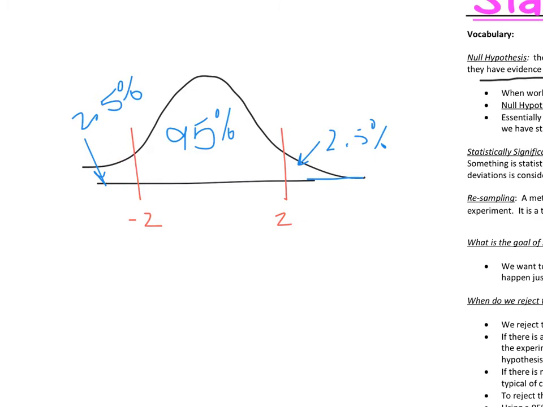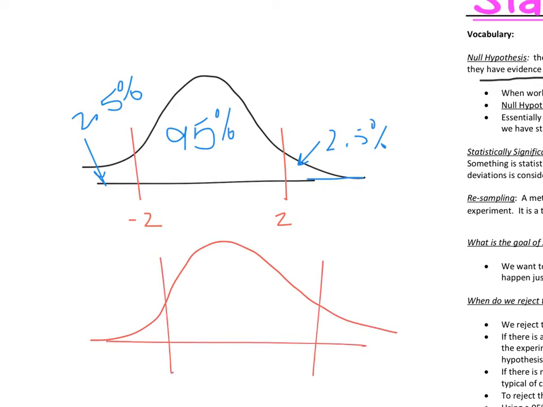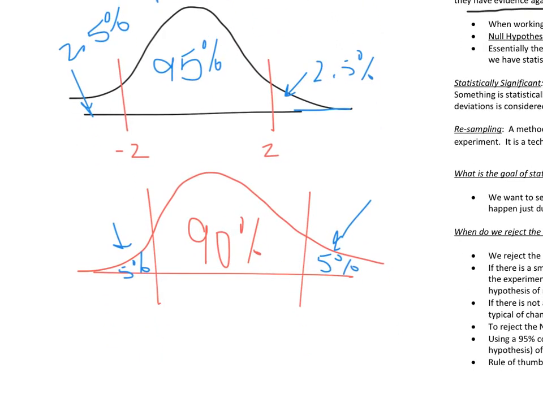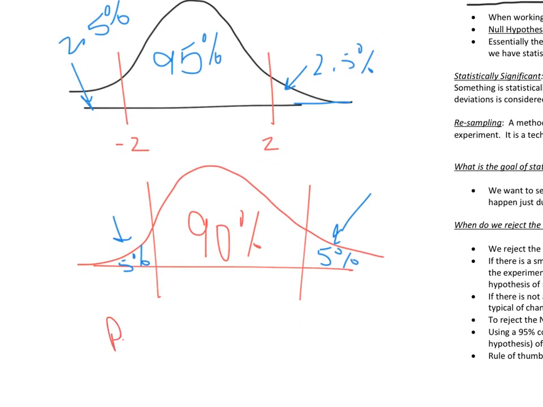Now there's also a 90% level, and it's very similar. It means that 90% of the data would be here. What's left over? 10%. So 5% is left here and 5% is left here. This is another p-value you can use. So a p-value of less than 2.5% can be used as a rule of thumb to state something is statistically significant, or some people use a p-value of less than 5%.